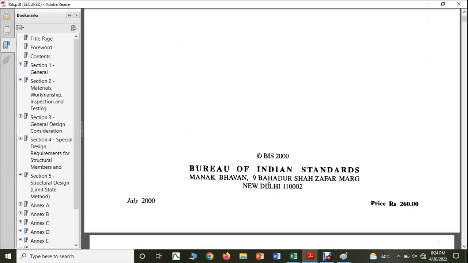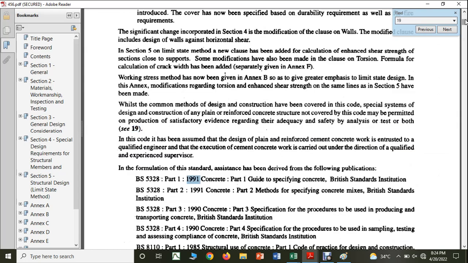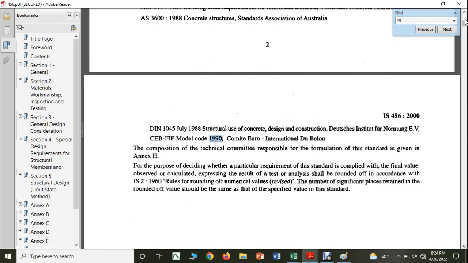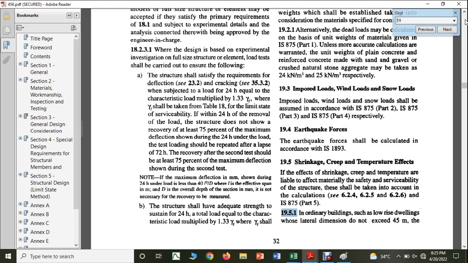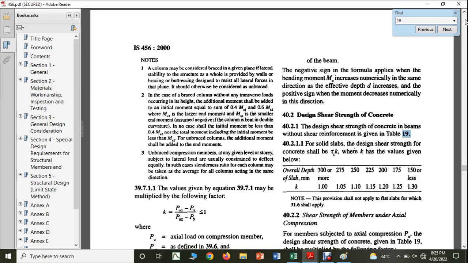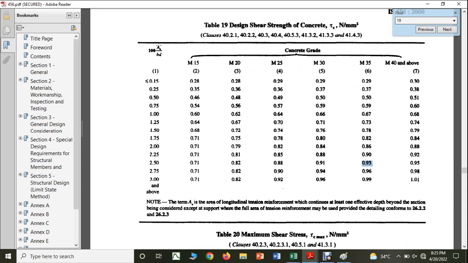This permissible shear stress you are going to get from Table 19. I will tell you, so this is Table 19. It will depend on the percentage of tensile reinforcement that you are going to provide, and we are going to provide M25 grade of concrete.